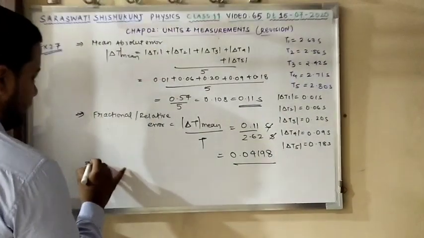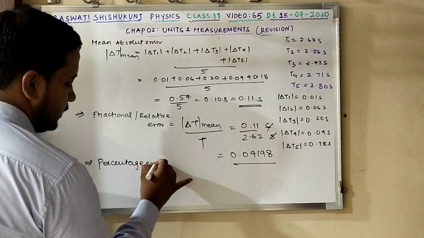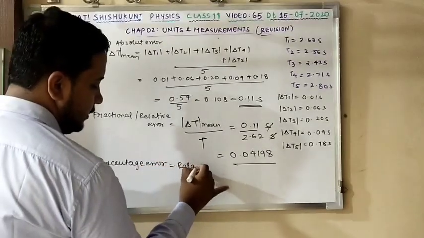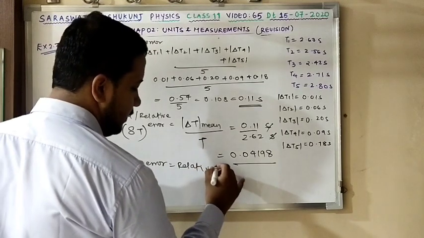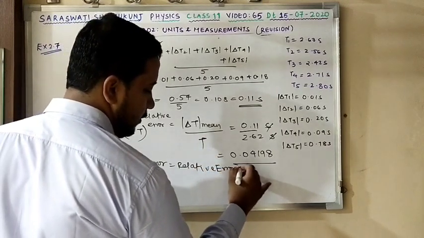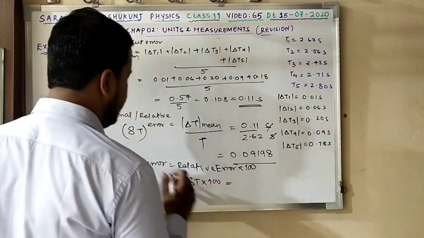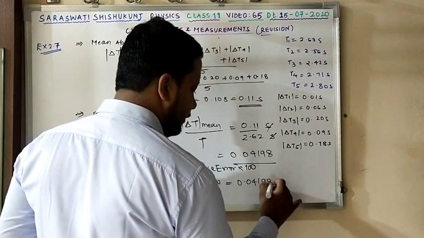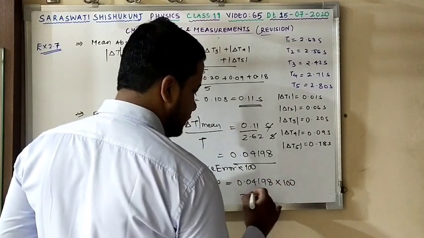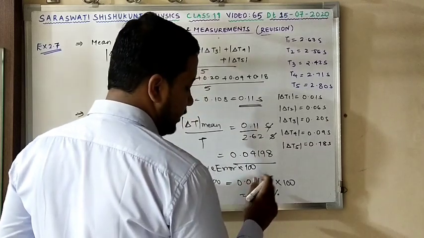Now last, if somebody asks me to calculate the percentage error, percentage error is equal to what? Relative error into 100. Clear? So percentage error is relative error into 100, that is 0.04198 into 100. So my answer is 0.04 percent. Clear? Into 100 you need to calculate.